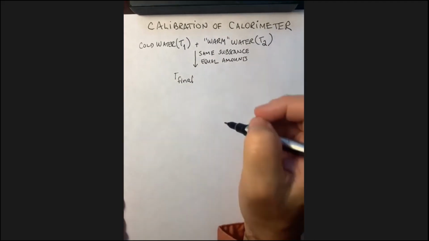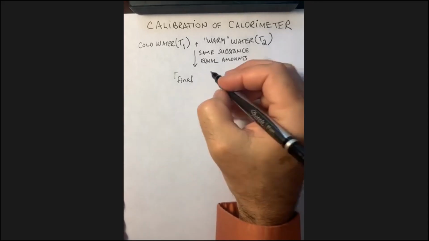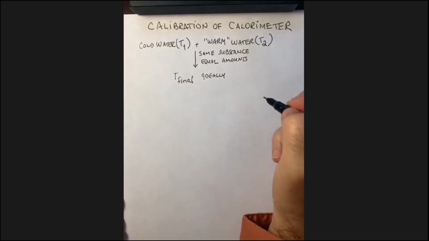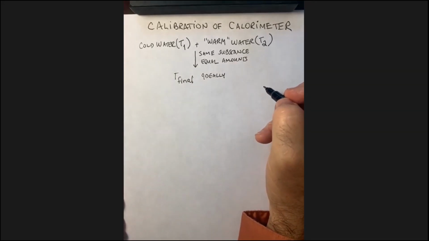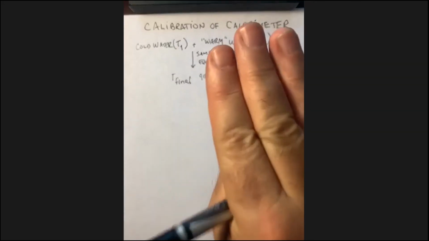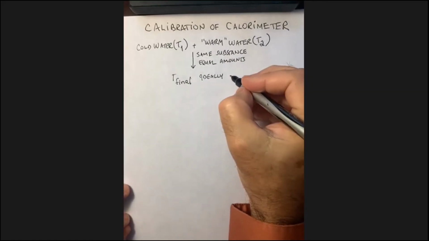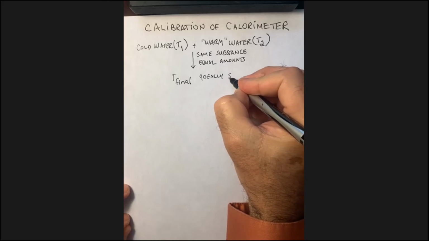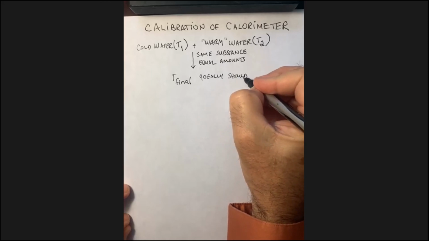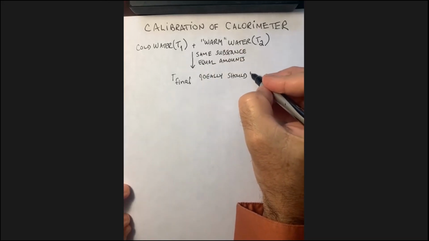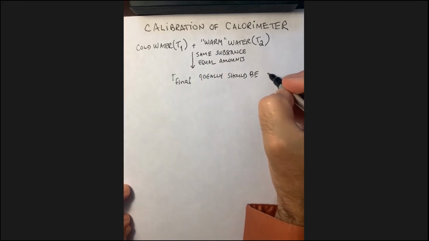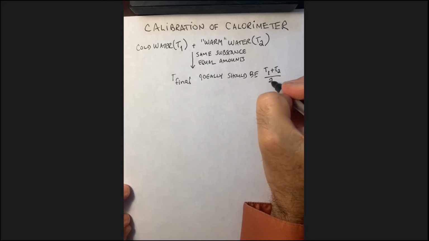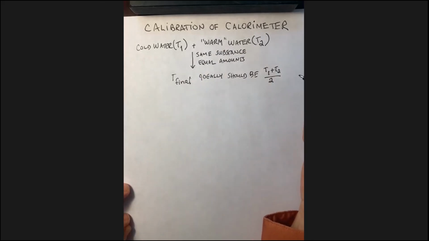Now, ideally, what should happen is, just like in an example I give in lecture with 2 tanks of water getting filled, the final temperature should be essentially the midpoint between the 2 temperatures. So it should be T1 plus T2 divided by 2, the half point between the 2 temperatures.